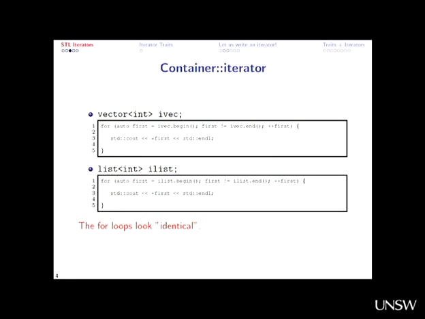And so you can get an iterator over a vector, you can get an iterator over a list, and the for loops look exactly identical. They look completely identical because we can use auto up here to not worry about the type of this iterator. Even though this auto type here is actually a vector iterator and this is a list iterator, we don't care about that because the rest of this loop looks exactly identical.